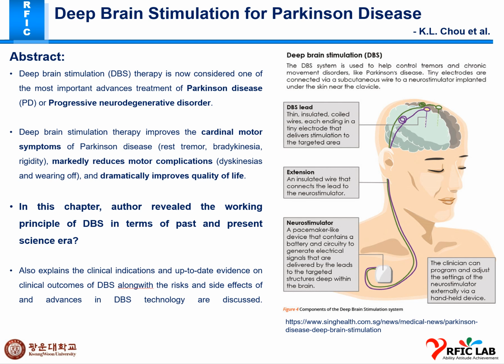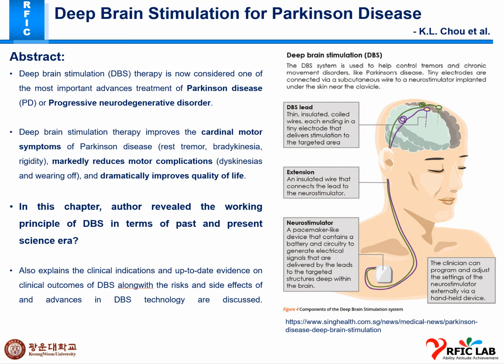The author revealed the working principle of DBS in terms of past and present science, and has also explained the clinical indications and up-to-date evidence on clinical outcomes of DBS. Along with the risks and side effects, advances in DBS technology are discussed.